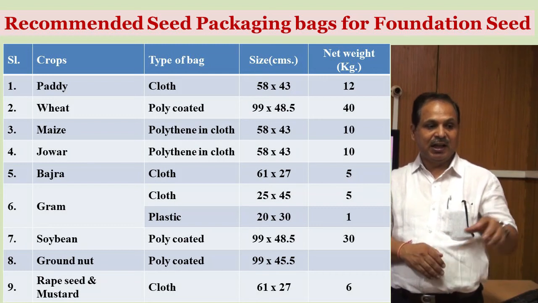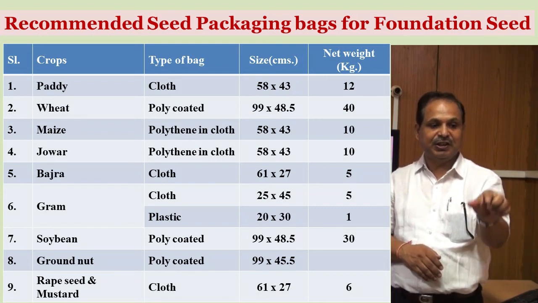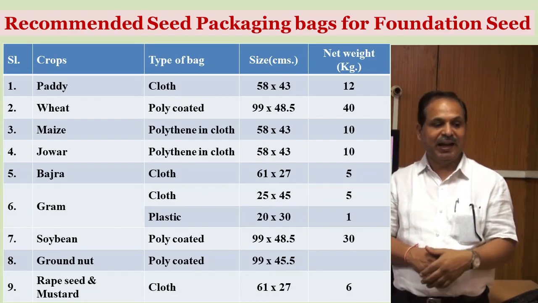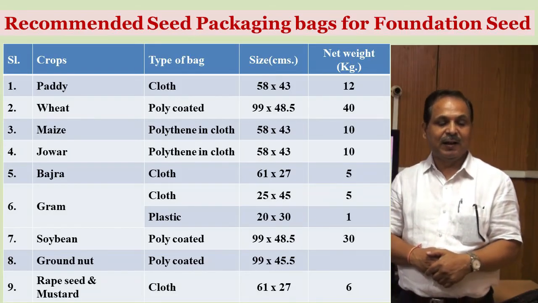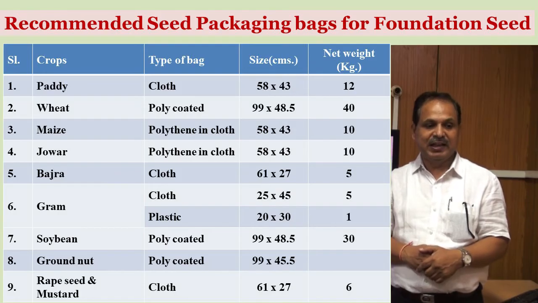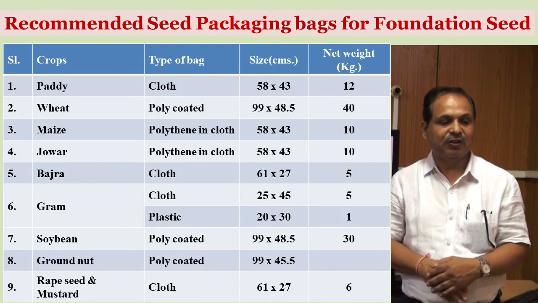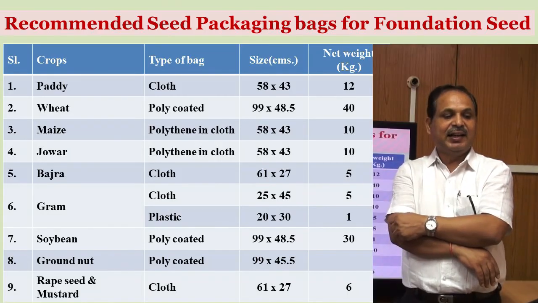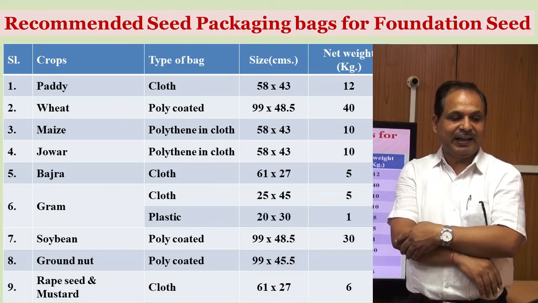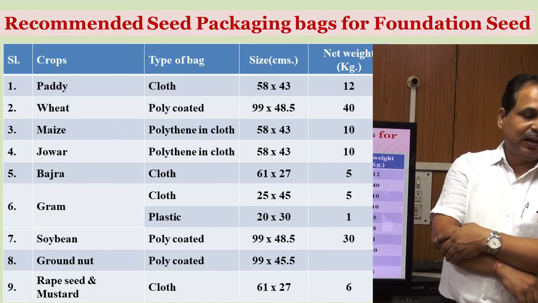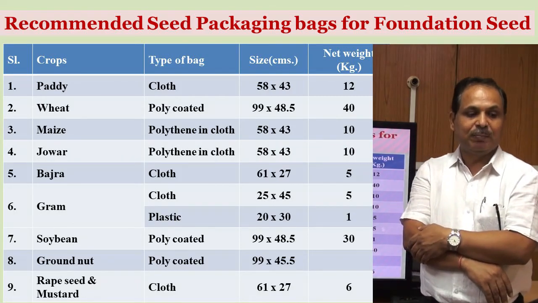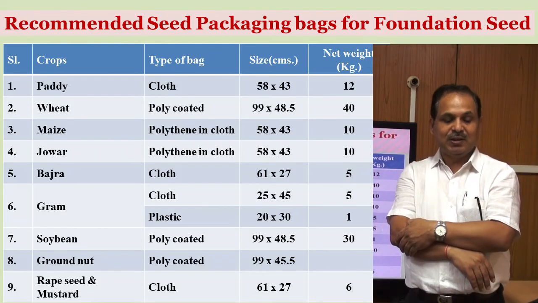So here the specified quantity of seeds is mentioned against the different crops and types of bags. In case of maize, polythene in cloth is used with a size of 58 into 43 centimeters, and in that case 10 kg of seeds are packaged.